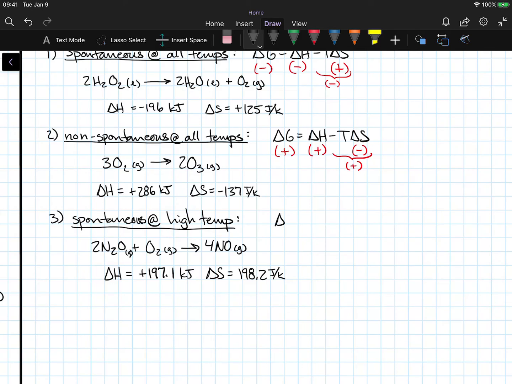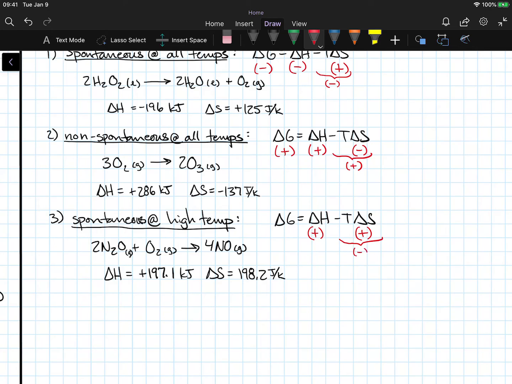So if we go back to our Gibbs energy equation, we have a positive delta H, so we're already off to a bad start because the enthalpy is positive, which means we have to put heat in, which means Gibbs energy would be positive. The only thing that can overcome that is if this T delta S term becomes more negative than the positive term. And the only way that happens is when we're at high temperatures.